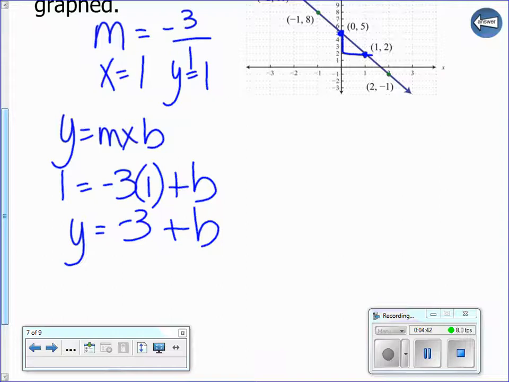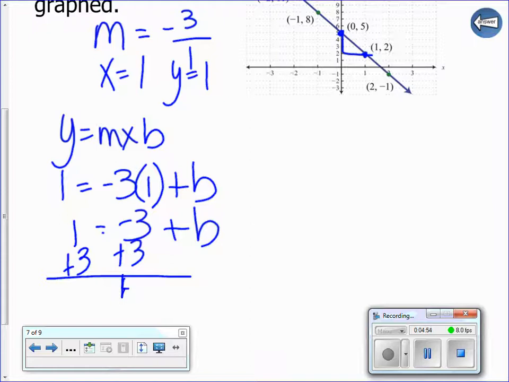Sorry, I switch that back to 1. Add 3 to both sides. Oops, b is equal to 4. So my equation is y equals negative 3x plus 4.